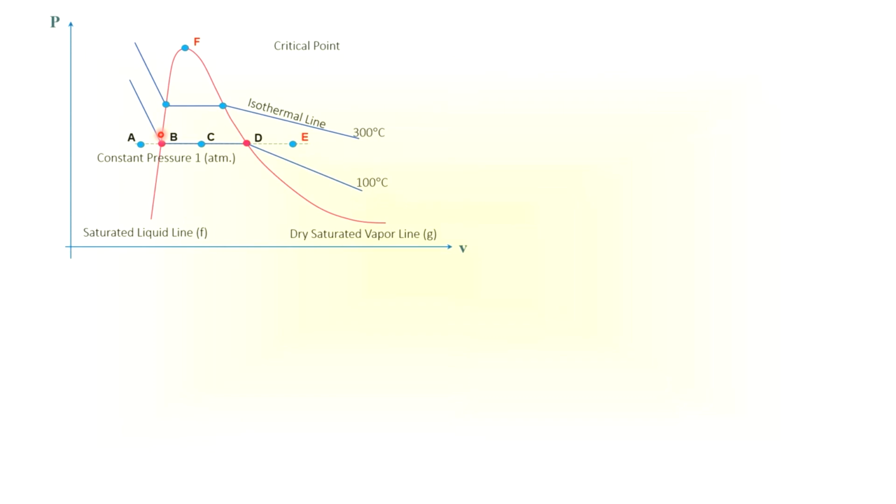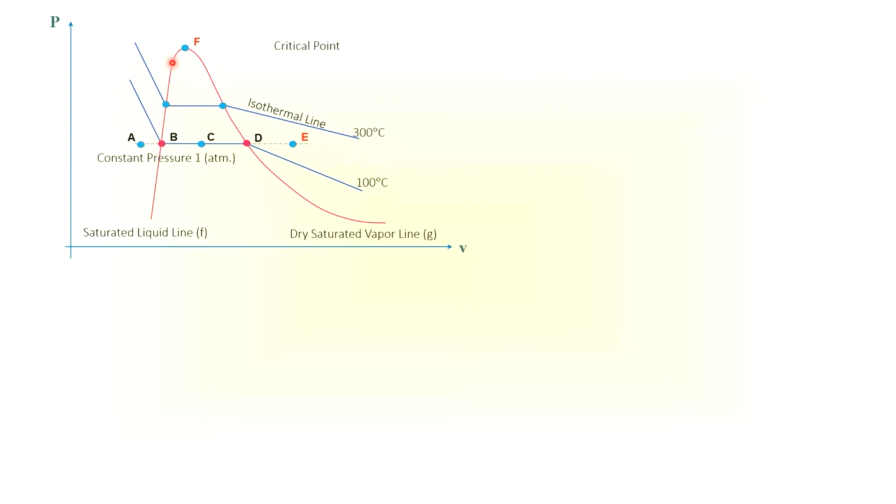So you will have a series of isothermal lines, and a series of saturated vapor points will appear along this line, and saturated liquid points will occur along this line.